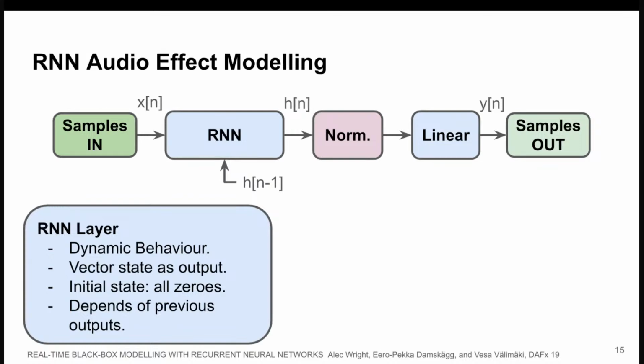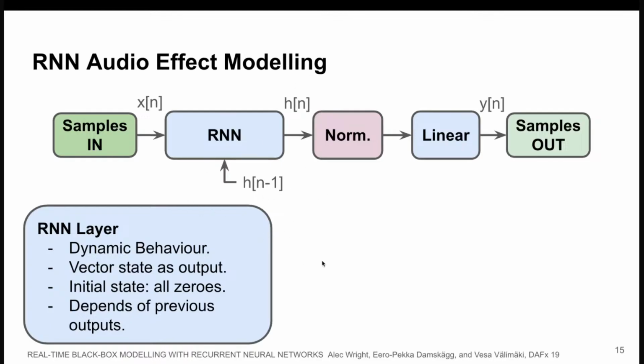This RNN layer encompasses the dynamic behavior of the effect that we want to model. It receives single samples as an input and creates a vector state as an output, which models the current and the previous samples that the recurrent layer has seen. That's why this RNN layer has as an input the sample input, but also the previous state.